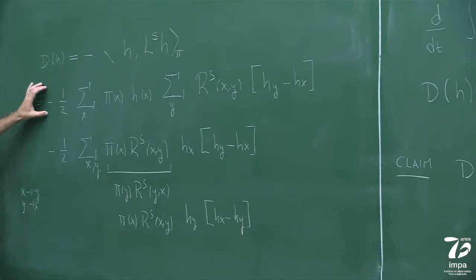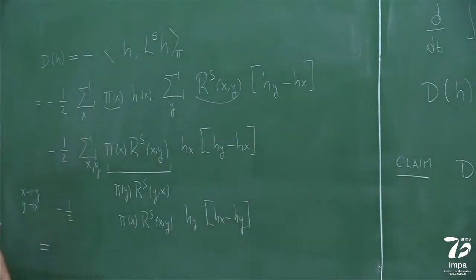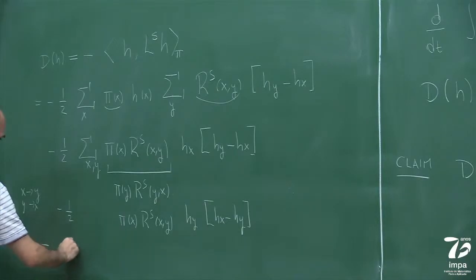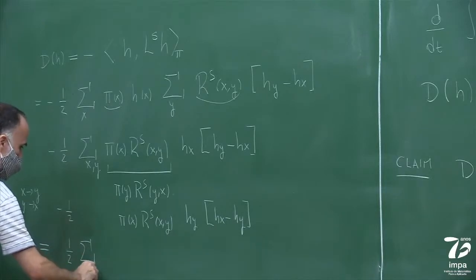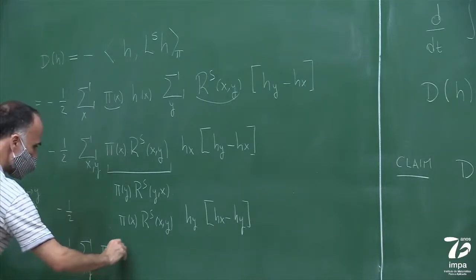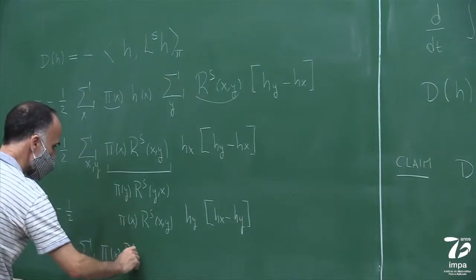And now let me compare the first with the second. I still have minus 1/2. So I want to put together the first and the second. So I have pi x Rs xy. This is fine. So 1/2 sum over x and y, pi x Rs xy.